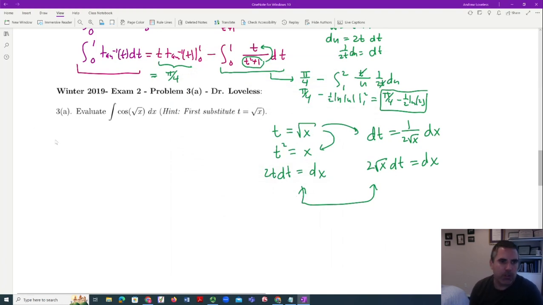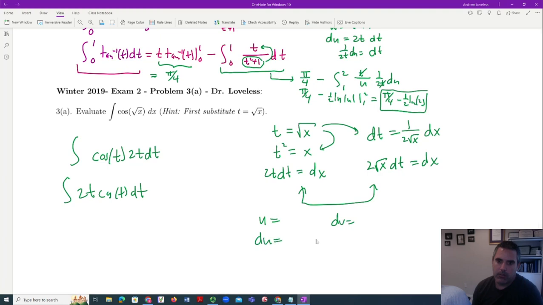Okay, so let's plug all this stuff in. This becomes cosine of t. This is 2t dt. And then I go, oh, this looks like a typical integration by parts. I need a u, a dv, du, v. We have a power of x, and we have a trig.